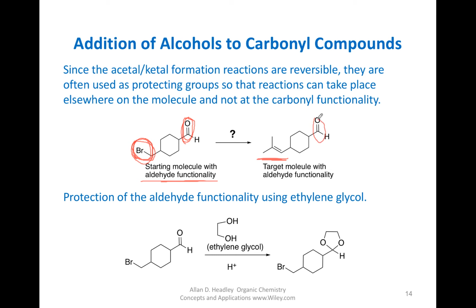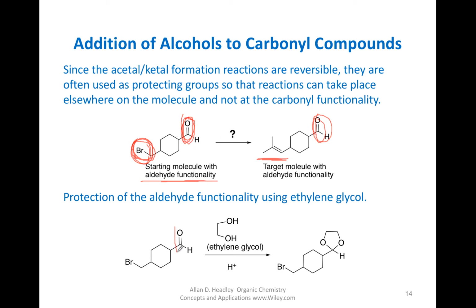So what's required is to protect this group, carry out the reactions over here, and then when that's done, to regenerate our aldehyde. We call this procedure protection of the aldehyde group.